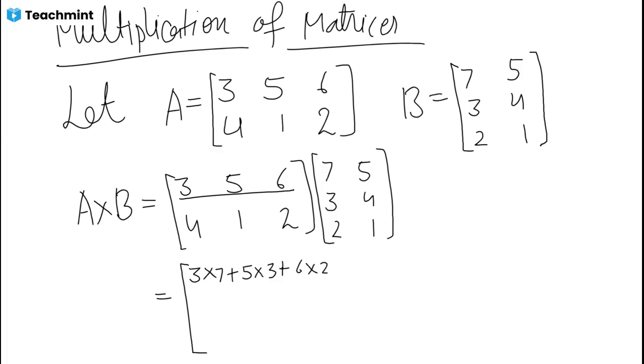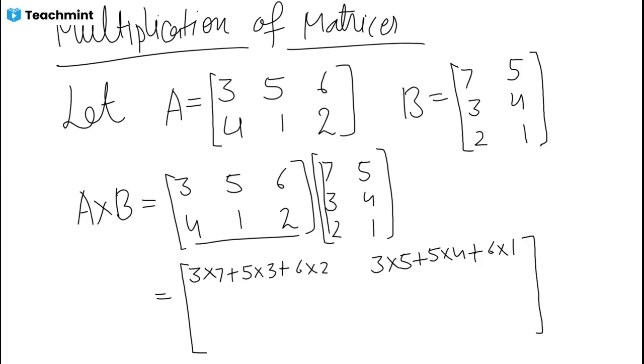Now multiply the first row with the second column in the same way: 3 into 5 plus 5 into 4 plus 6 into 1. Now multiply the second row with the first column, then with the second column in the same way: 4 into 7 plus 1 into 3 plus 2 into 2.